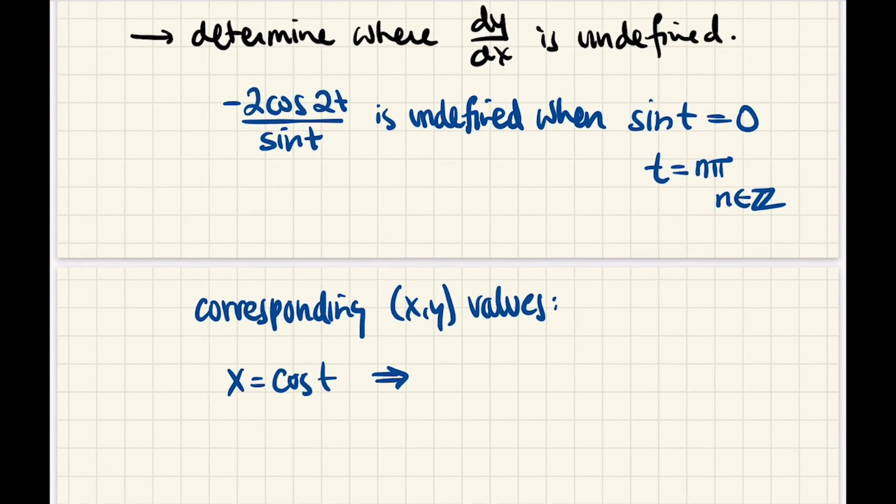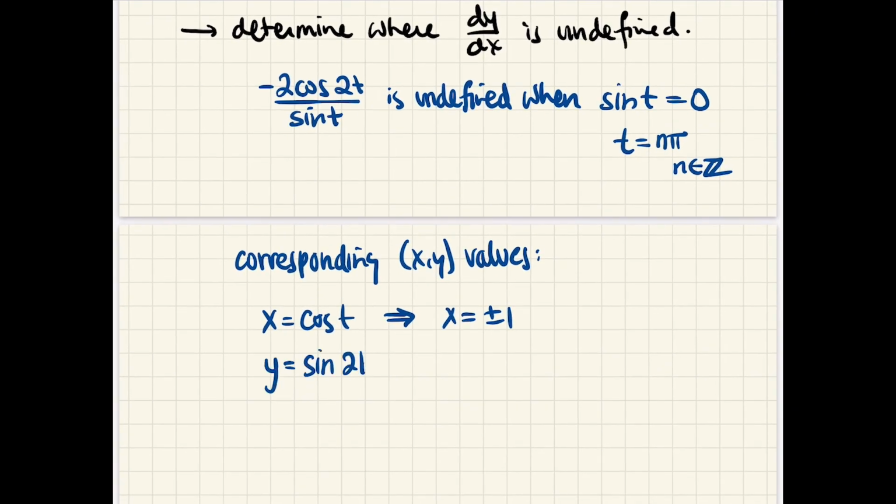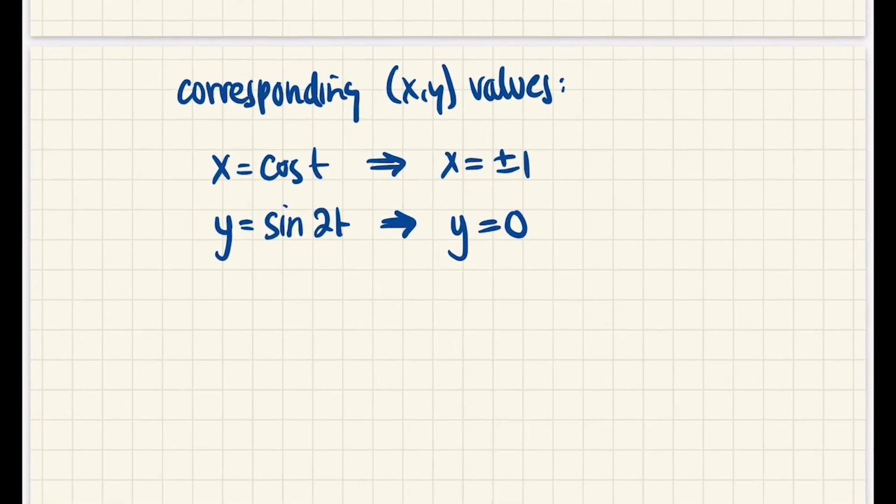So when t is a multiple of pi, then x is just plus or minus 1. And y is equal to, of course, sine of 2t. And again, when t is a multiple of pi, sine of 2 times a multiple of pi is still 0. So we'll get y equals 0. Okay, so we can put everything together in a nice conclusion.